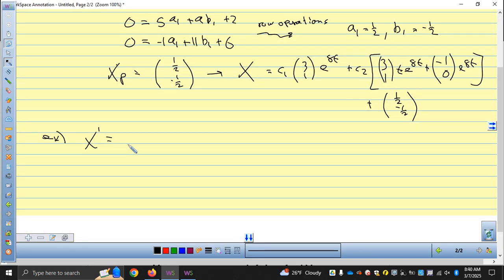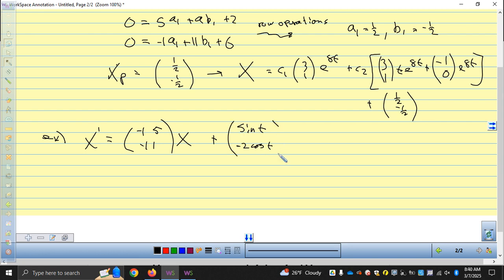X prime equals the matrix (-1, 5; -1, 1) x plus (sine t, -2 cosine t). So trig functions, not terrible. We know from higher order differential equations that when we have trig functions, undetermined coefficients usually turns out not too bad.